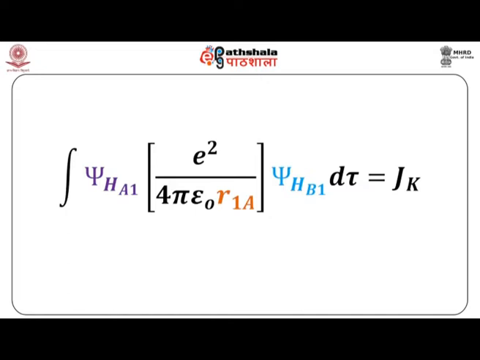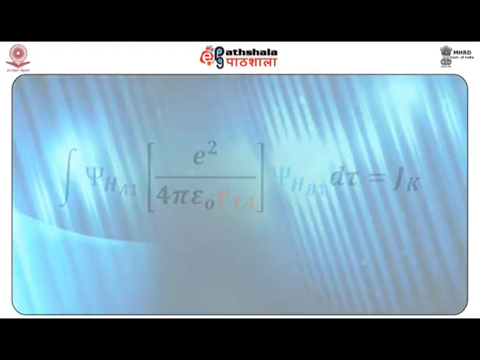Whereas the second term is the integral d tau psi HA1 e square upon 4 pi epsilon 0 r1a psi HB1.